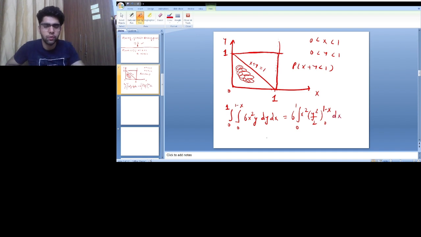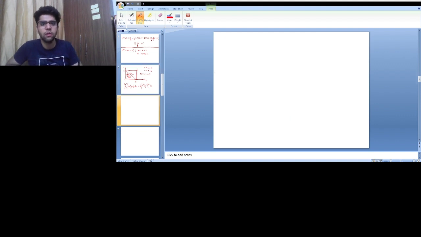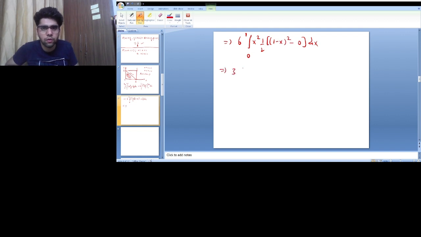Because dy is already utilized, I'll be left with 6 times the integral from 0 to 1 of x square into 1 by 2 the square of 1 minus x minus 0, dx, right? I'll be left with 3 because 2 goes outside, and this gives me the integral from 0 to 1 of x square into 1 minus x whole square.